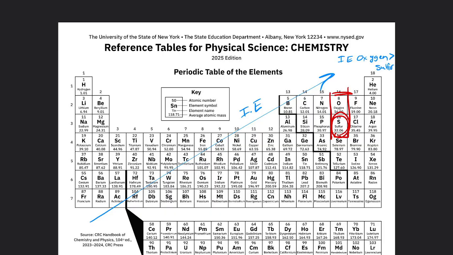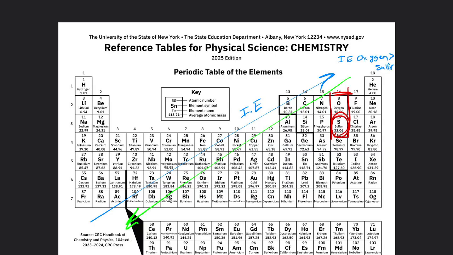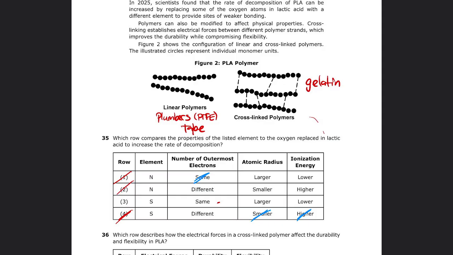That's because our trend for atomic radius goes from top right to bottom left. So that is true. And as far as ionization energy for nitrogen, if we look back over here, ionization energy is going to be a little bit lower for nitrogen than it is for oxygen. All right, so by that, we could actually cross this off for choice 2.